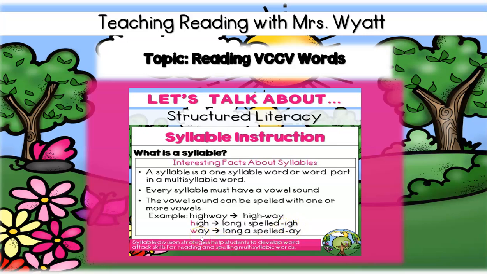The second syllable is way, where the long A sound is spelled AY. So every syllable is going to have at least one vowel sound, spelled depending on the pattern being used. You're not going to have multiple vowel patterns within a syllable.